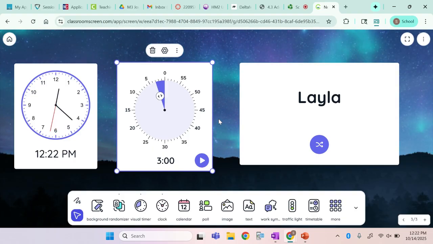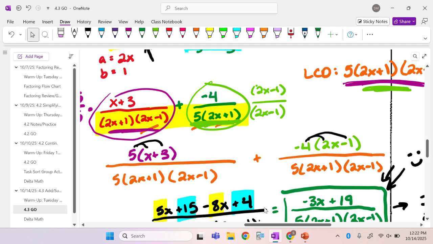I'll give you guys about 10 minutes for this first problem, and we'll see where we're at after 10 minutes. So you're doing the your turn, that last problem on that green page, and your 10 minutes is gonna start now. Now again, take your time.